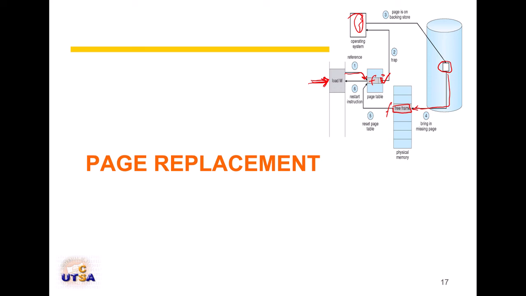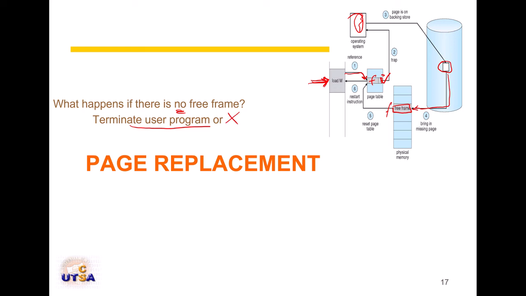So today, with the page replacement algorithms, the question that we are trying to address is this: what happens if there is no free frame in the system? There are two options, right? If there's no free frame in the system, then you cannot run the program because you cannot get the instructions into the main memory, etc. So you can terminate the user program, which is not a good solution.